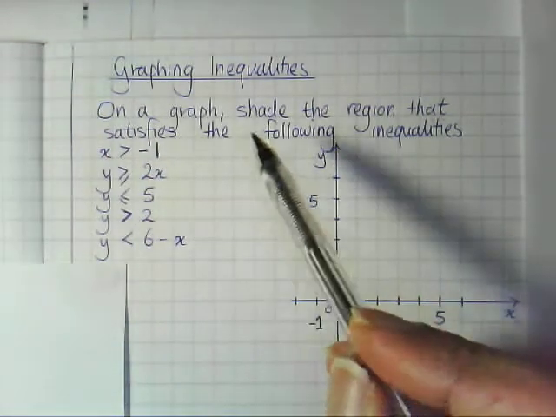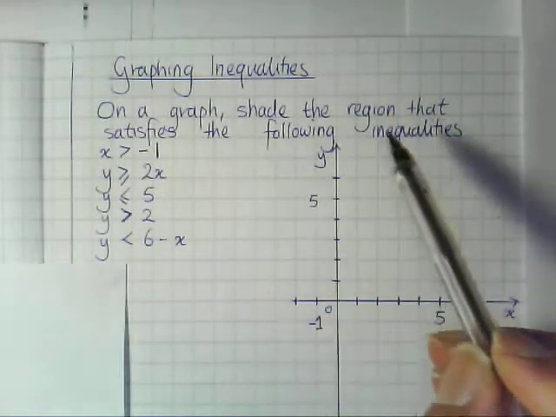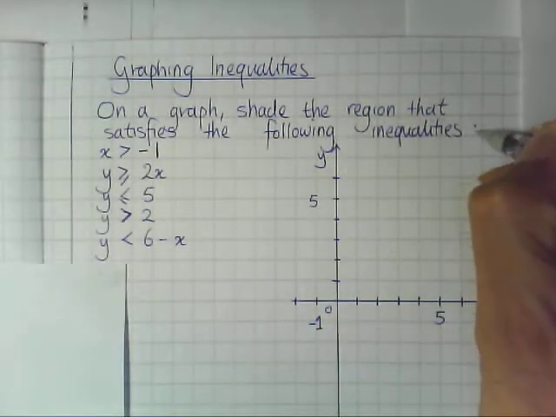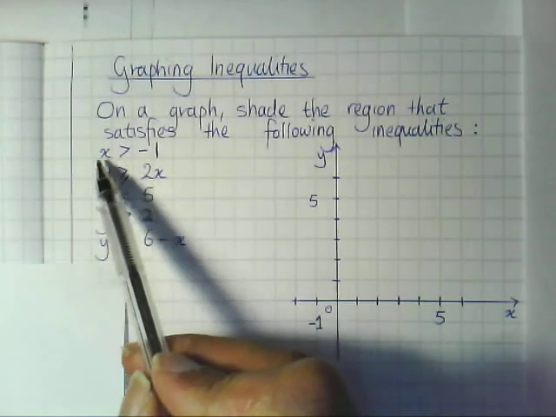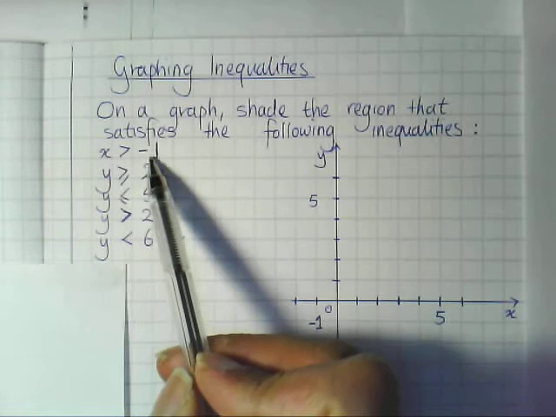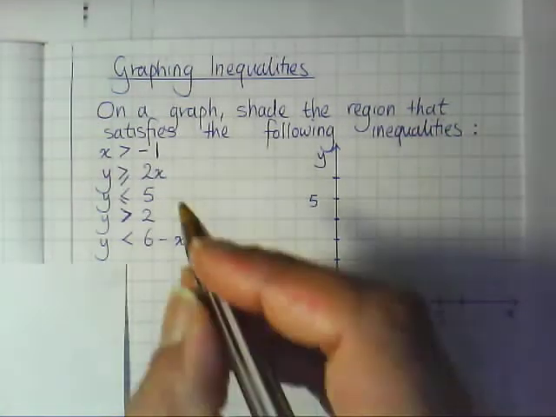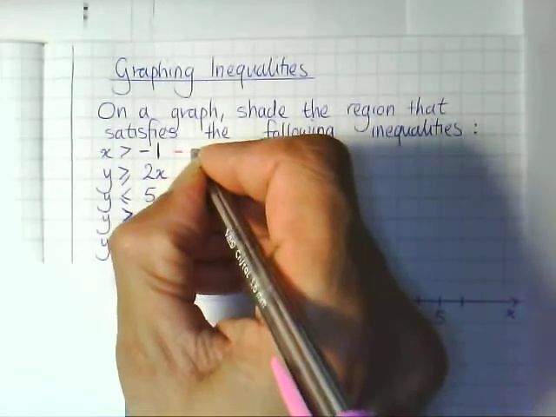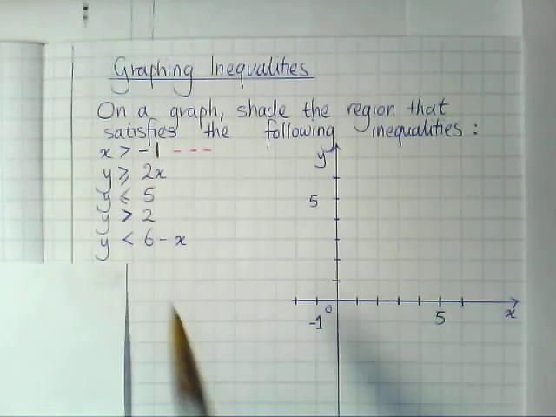On a graph, we're asked to shade the region that satisfies the following inequalities. So with the first one, we're told that x is greater than -1. So we know that we will be using a dashed line to represent this particular straight line.